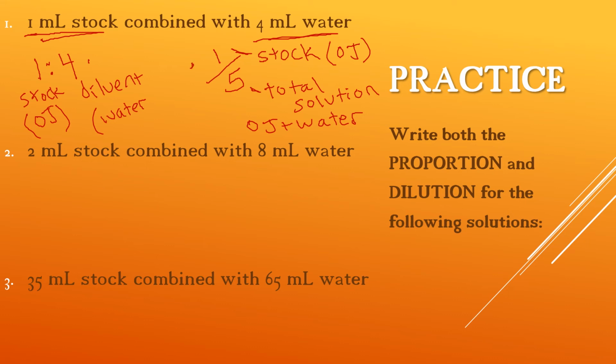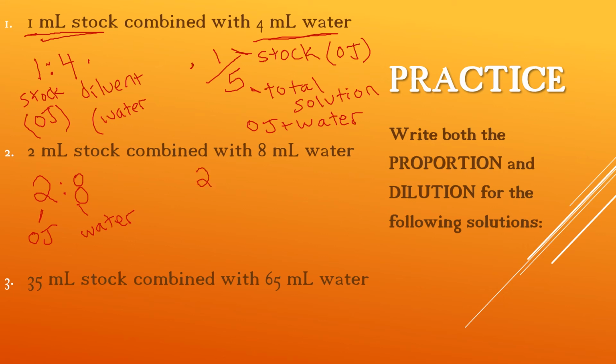Now what about the next one? A 2 milliliter stock combined with 8 milliliters of water. So we could write 2:8. So that would be 2 parts orange juice and 8 parts water. Or if we wrote it in a fraction, what would we write?